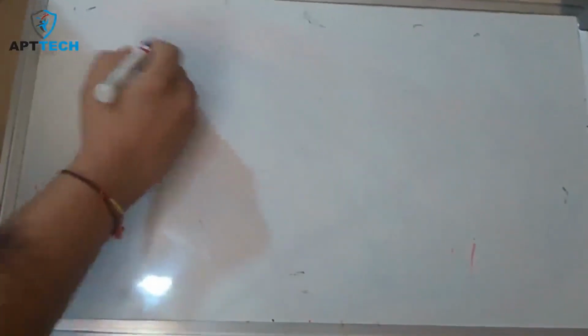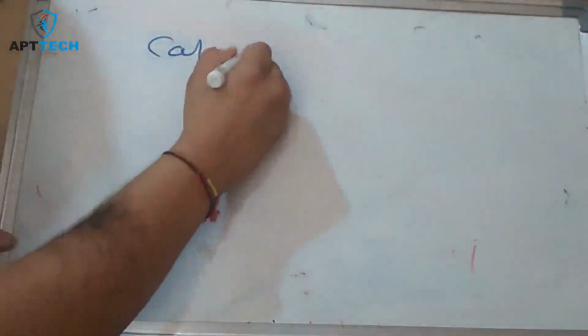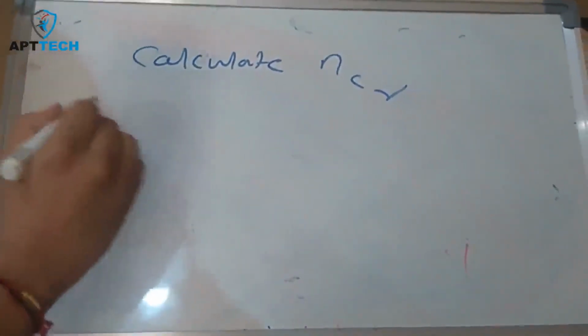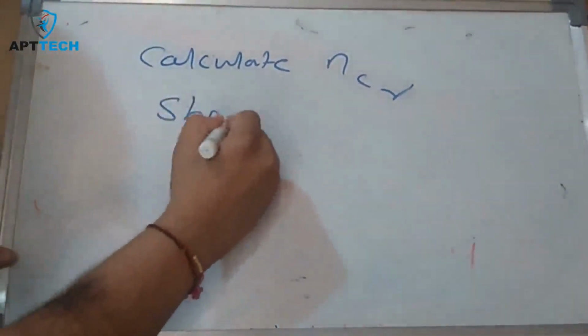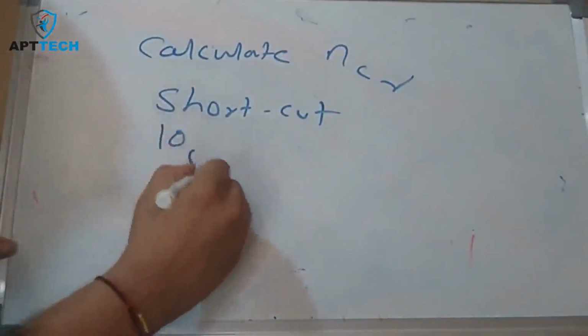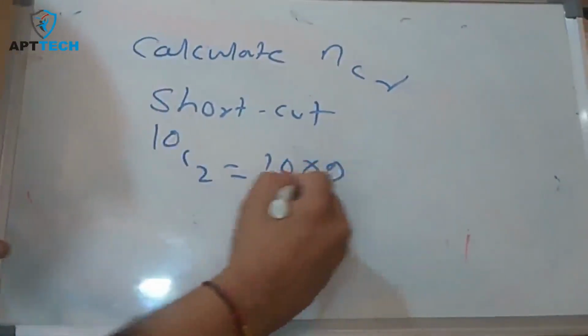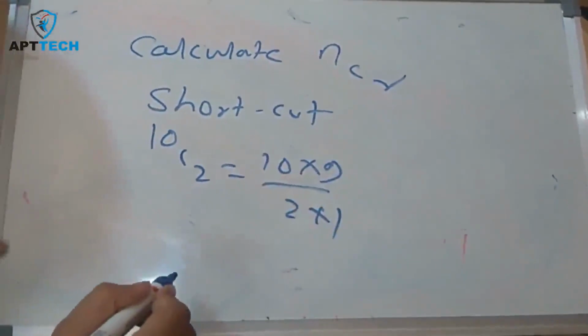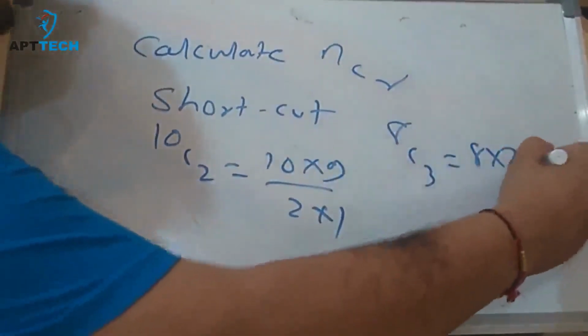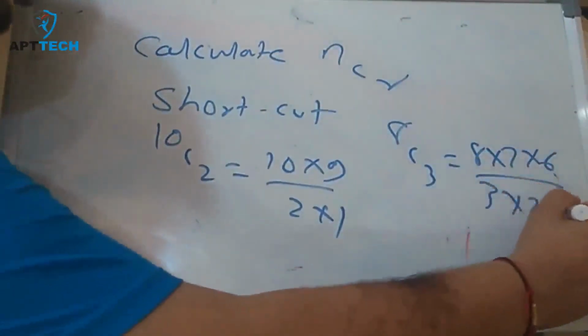Okay, so now how to calculate NCR? NCR calculation shortcut. 10C2 is 10 into 9 upon 2 into 1. 8C3 is 8 into 7 into 6 upon 3 into 2 into 1.